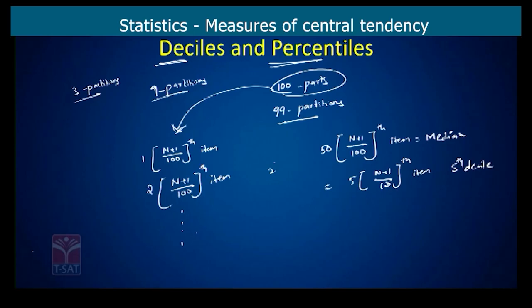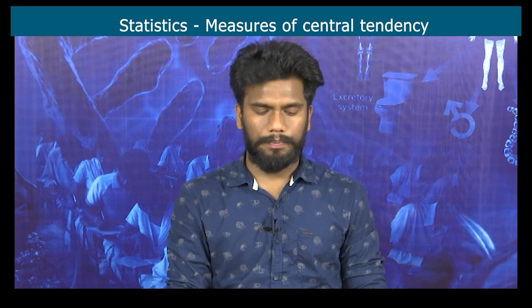So this is a relation you have to remember: the 50th percentile is equal to the second quartile, is equal to the fifth decile, and all are equal to the median. This was deciles and percentiles. Just remember how many partitions there are in a percentile, decile and quartile, and the relation between all three. The second quartile is equal to the 5th decile and also equal to the 50th percentile.